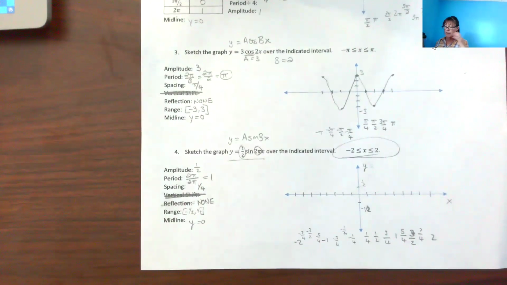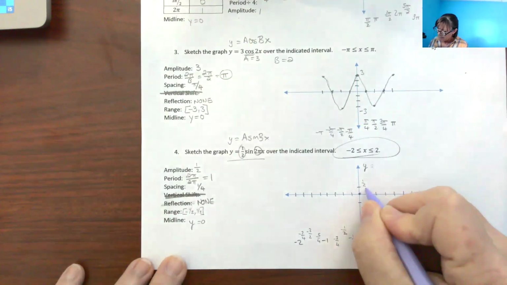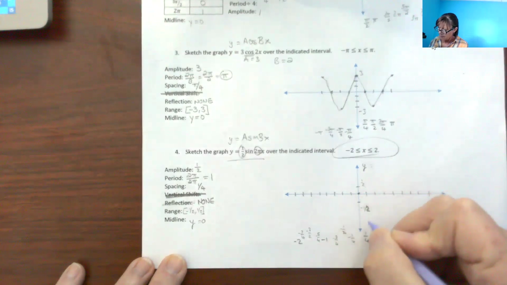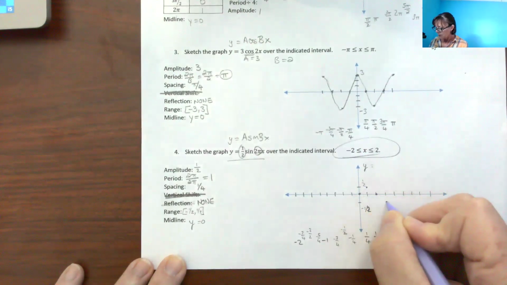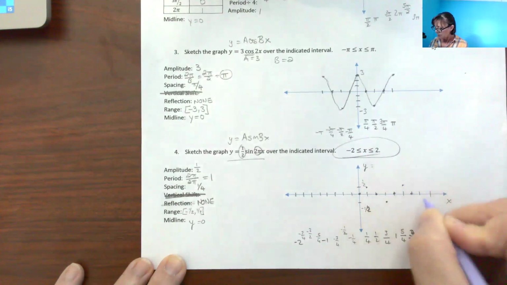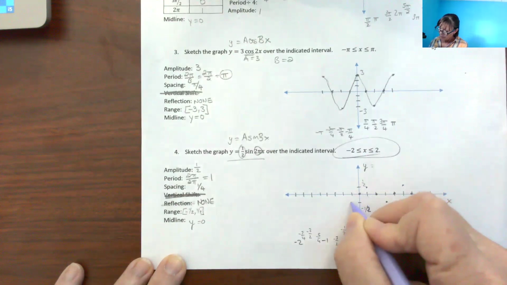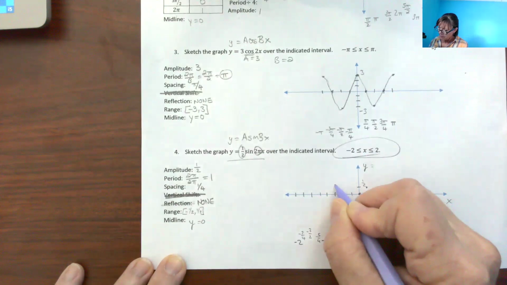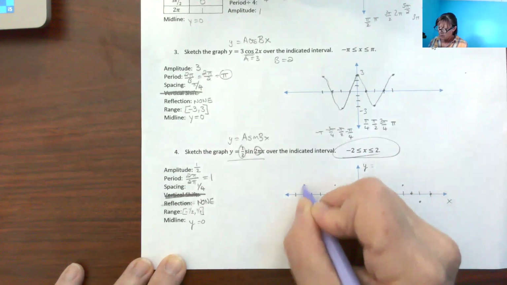We say, is this a sine or a cosine graph? This is a sine graph. Sine graphs start in the middle. So it's the middle, and then it's high. By the time we get to 1/4, it's high, and then it's middle, and then it's low, and then it's middle, and then it's high, and then it's middle, and then it's low, and then it's middle. And then we can go backwards: middle, high, middle, low, middle, like this.